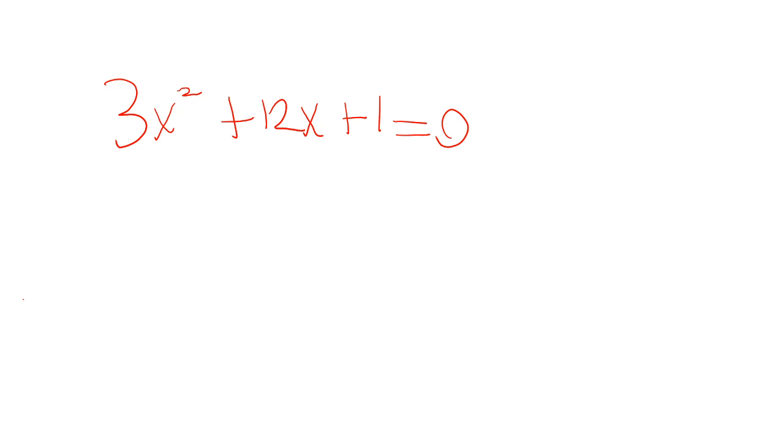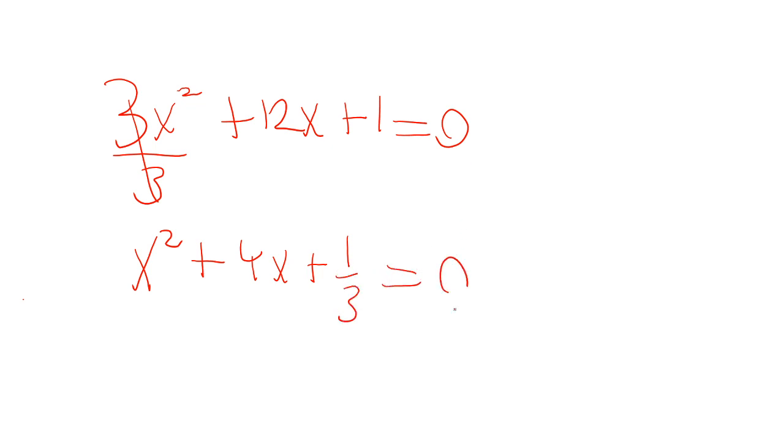We can manipulate this equation to get rid of the 3 by dividing every term by the coefficient of the quadratic term, which is 3. The 3's cancel, so I'm going to have an x squared term. 12x divided by 3 gives me 4x, 1 divided by 3 is 1/3, and 0 divided by 3 is just 0.